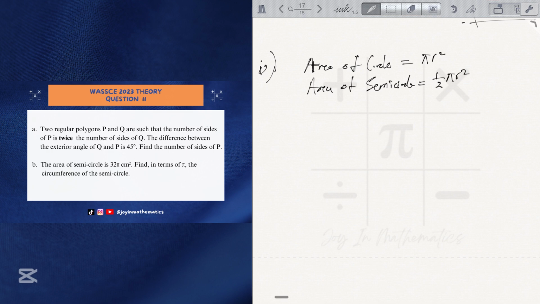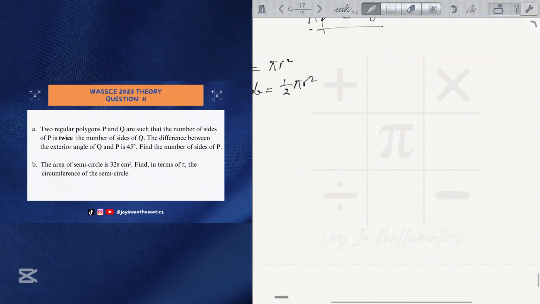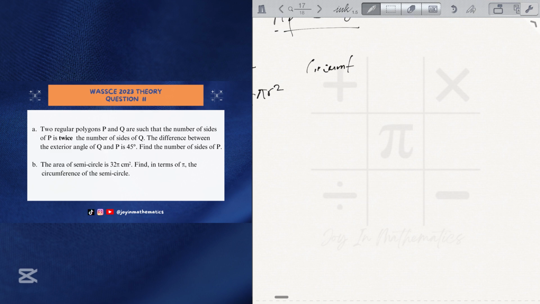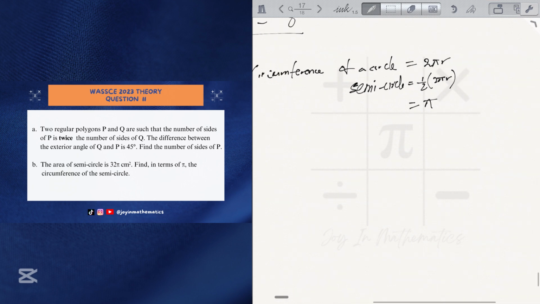In the same vein, the circumference of a circle is given as 2 pi r, and therefore the circumference of a semicircle will be half of this. That's half multiplied by 2 pi r, and this will give us pi r.